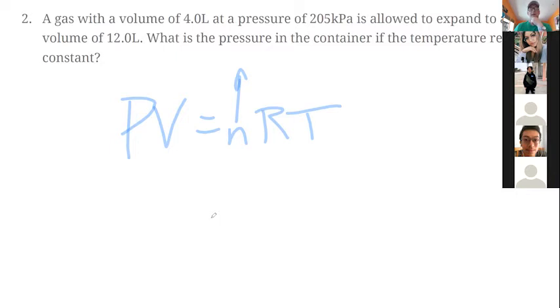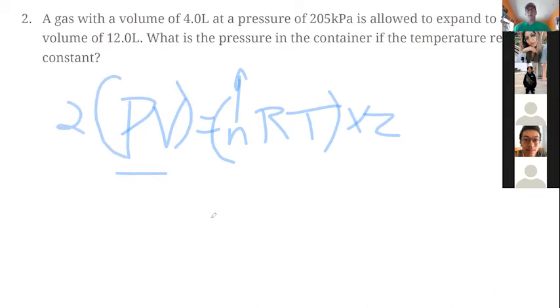If I double N, what must happen to the PV side? They go up. It's got to go up too, right? So if I multiply the nRT side by 2, well, then I'm going to have to multiply the PV side by 2 as well. So if N goes up, the product of P and V have to go up as well. So either P goes up or V goes up, or they both go up, but they have to go up.